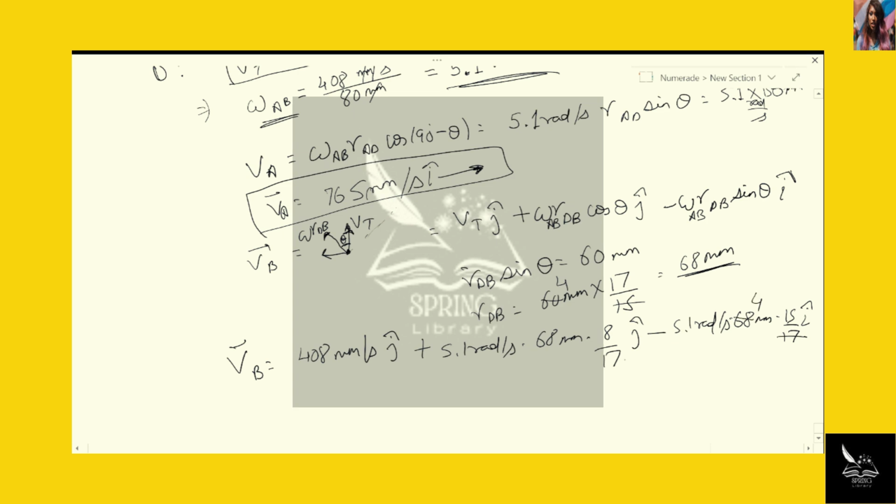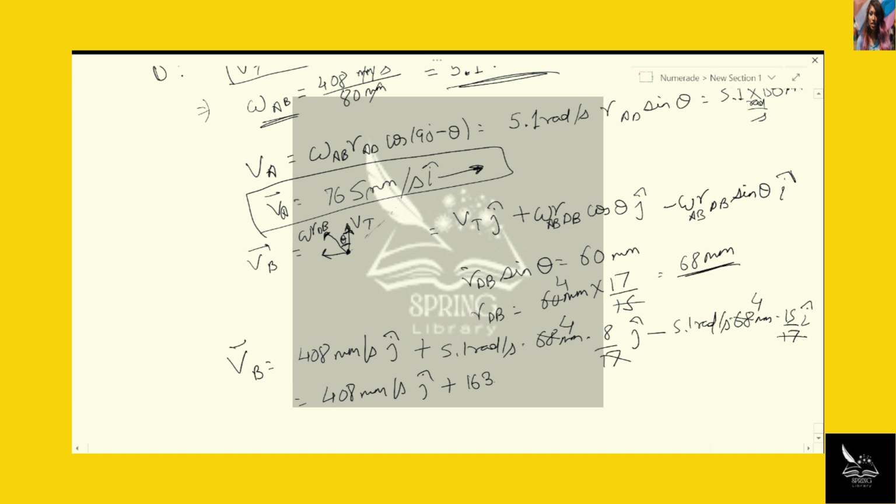So 17 cancels 68 with 4, we get 408 millimeters per second J, plus 8 fours are 32, 32 times 5.1. So 32 times 5 is 160, and then 0.1 times 32 is just 3.2.